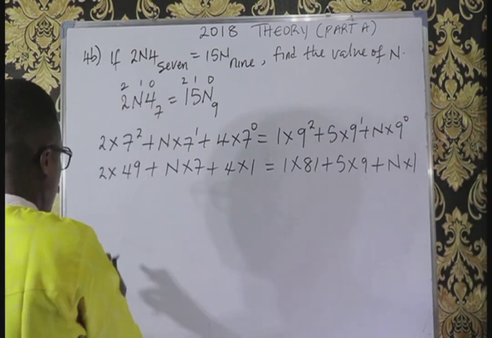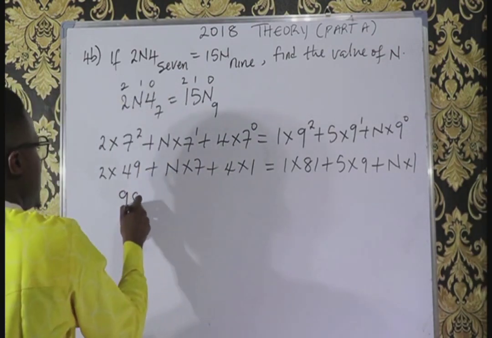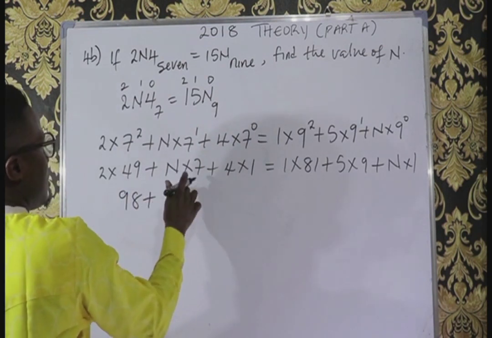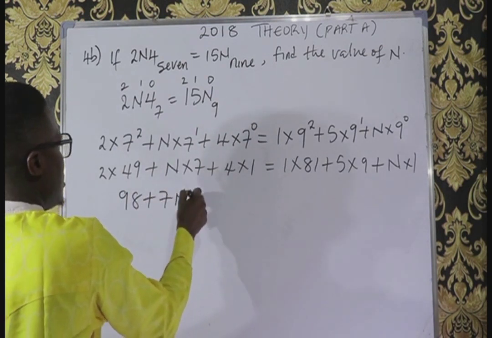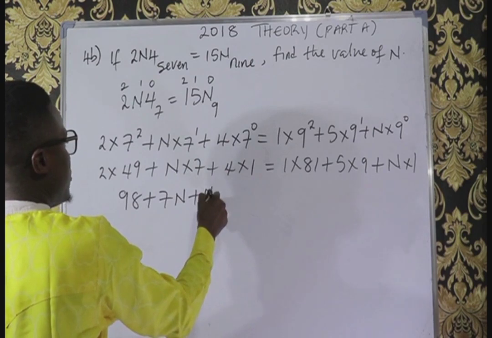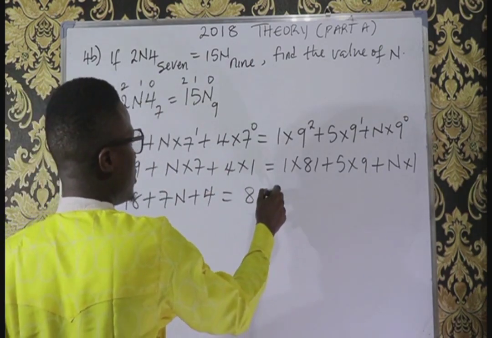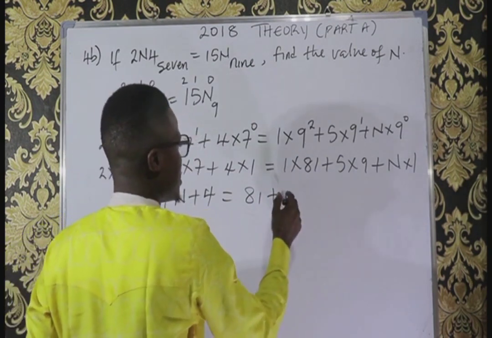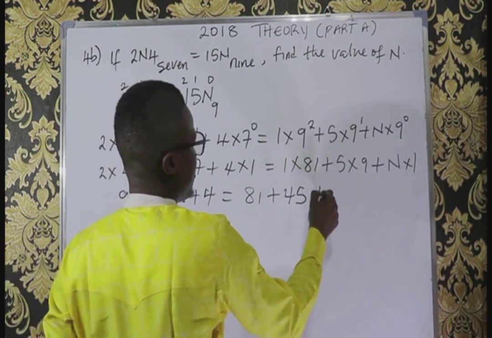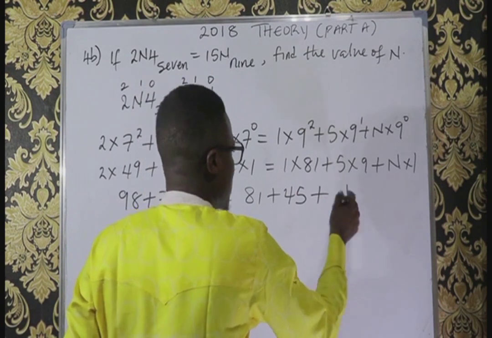So we have 2 times 49, which is 98, plus n times 7 is 7n, plus 4 times 1 is 4, equals 1 times 81 is 81 plus 5 times 9 is 45 plus n times 1 is n.